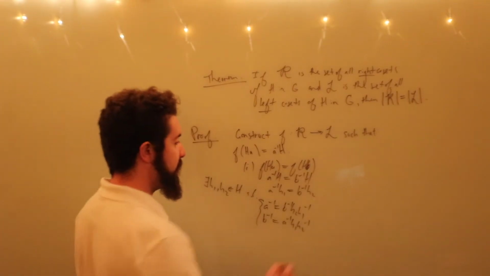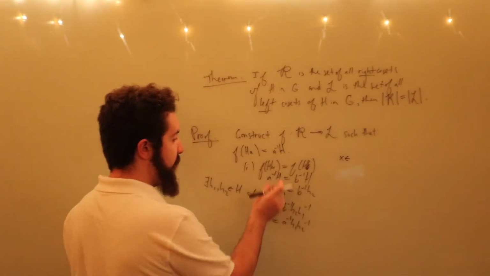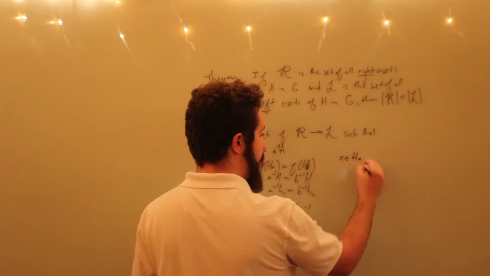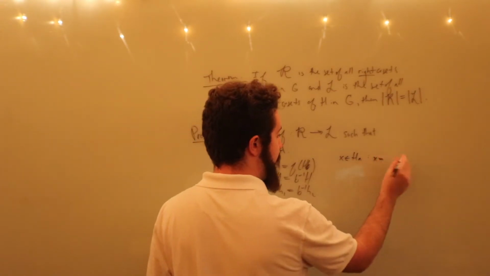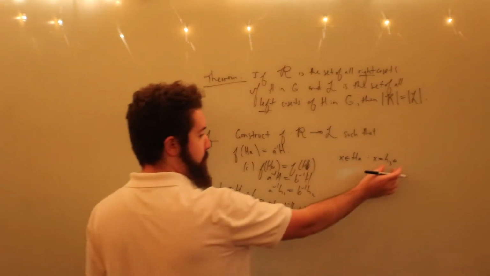All right, now let's suppose that x is some element in this right coset here, HA. That means that x can be written as some h3 times A, right?